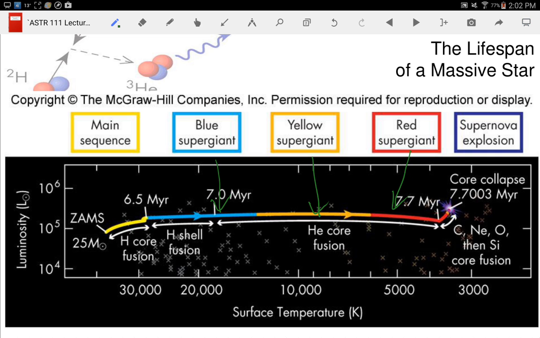And then 7 million years is a blue giant, and then it goes very quickly, or actually, this is half a million years, so 500,000 years. You got to take the difference in them. So 500,000 years as a hydrogen shell fusion, and then it doesn't even give us the time for the helium core, and it gets to its death point another 700,000 years after it was the yellow.